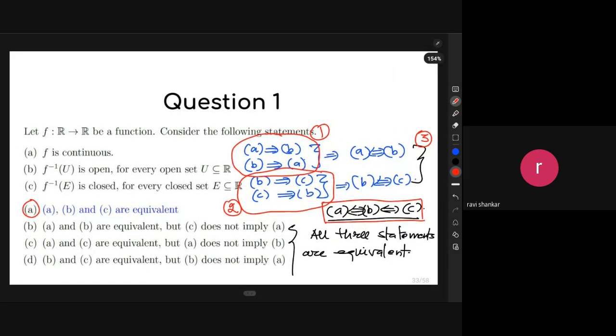So this is the question that we were proving. We broke it into three steps. First we proved that A is equivalent to B. Then in the second step we proved that B is equivalent to C. In the third step we used the fact that if A is equivalent to B and B is equivalent to C, then A, B, C all are equivalent to each other.